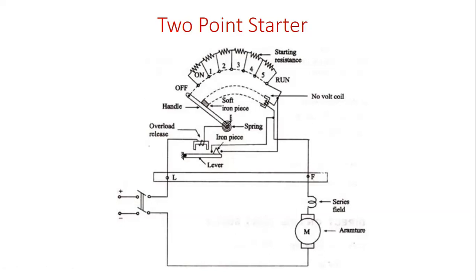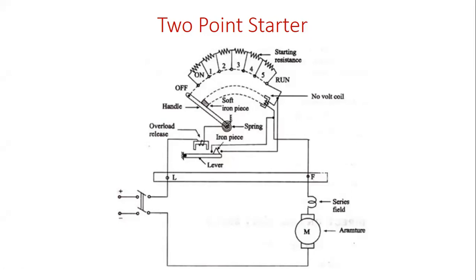How much resistance is available? The resistance available will be 1, 2, 3, 4, 5, 6. So totally 6 resistors will be available there. So the amount of resistance is very, very high, and thereby the flow of current will also be very, very low.